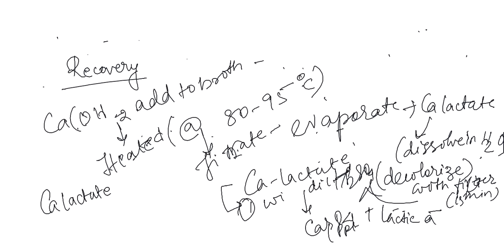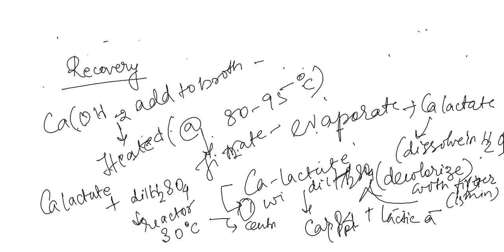Or the calcium lactate can be kept in a reactor at 30 degrees Celsius, and then we will centrifuge it at 80 to 95 degrees Celsius, where the calcium sulfate will be removed.